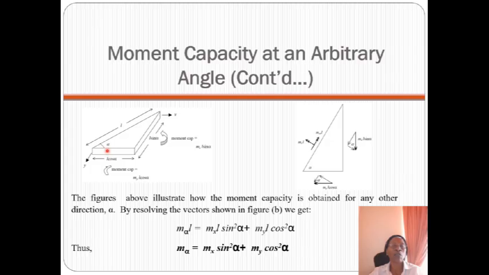If you have a direction alpha, the moment capacity in that direction is obtained by resolving the vectors as shown in diagram B. So we resolve these vectors as shown, so that you have m alpha L is equal to mx L sine squared alpha plus my L cos squared alpha, and thus the moment m alpha, the moment in direction alpha, will be given by mx sine squared alpha plus my cos squared alpha.